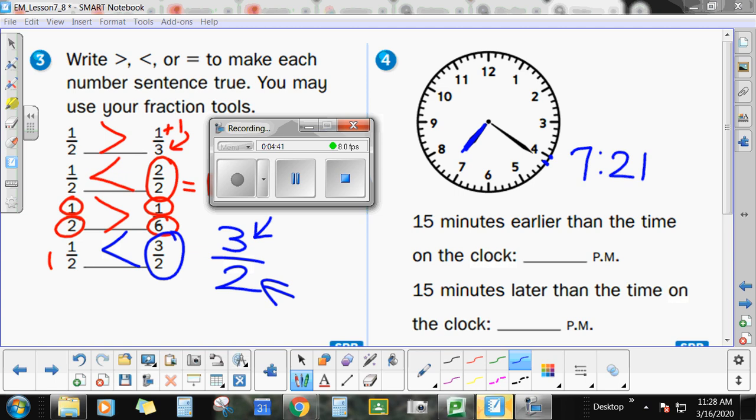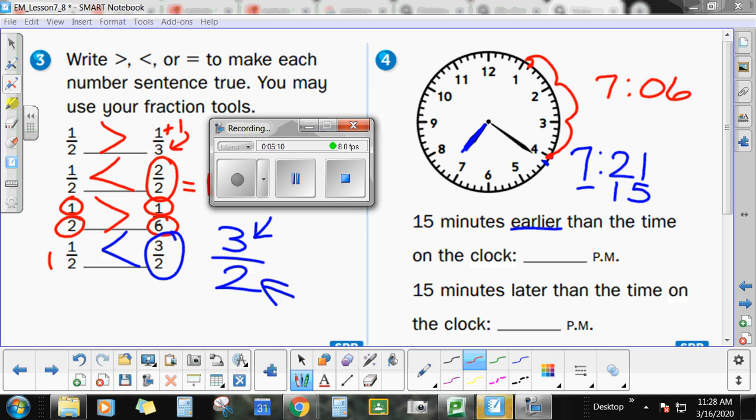Okay? If we go back 15 minutes to go earlier, we could do 7:21 minus 15. We could do it mathematically that way, or we could just kind of think, well, let's go ahead and round it to the 20. Okay? 5, 10, 15, but we know we were just 1 minute past, so we can take it back there. So now we have 7:06. Okay, a few different ways that you could figure that out.